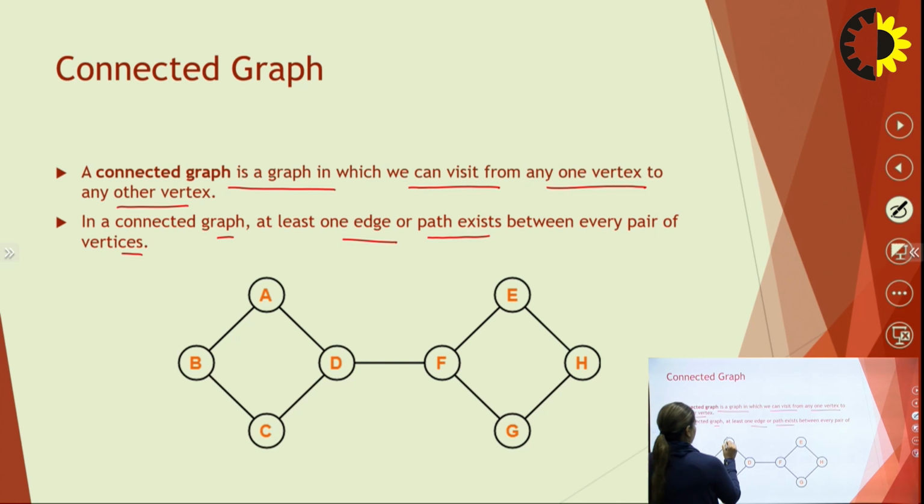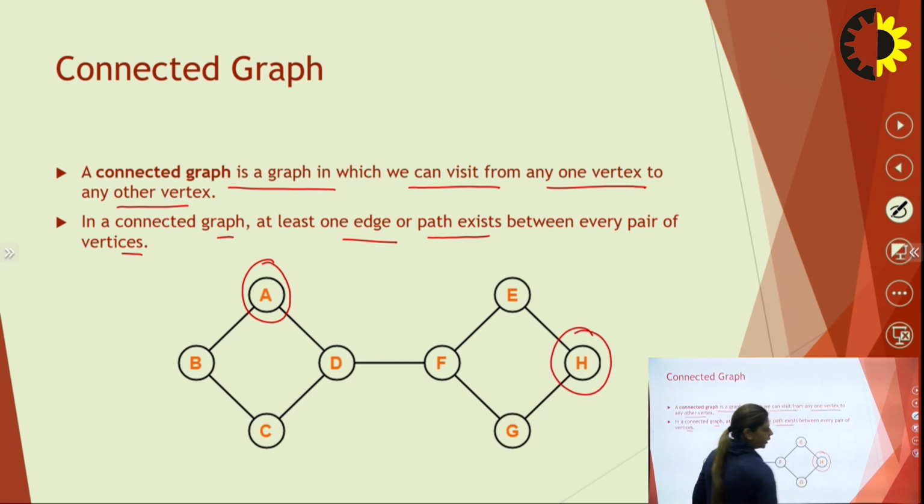Now see, we consider the first vertex A in this graph. Now let's see if H is connected to A or not. If it was a complete graph, then there should be a direct edge between A and H. But it is a connected graph, we can go here, then here, here and here.